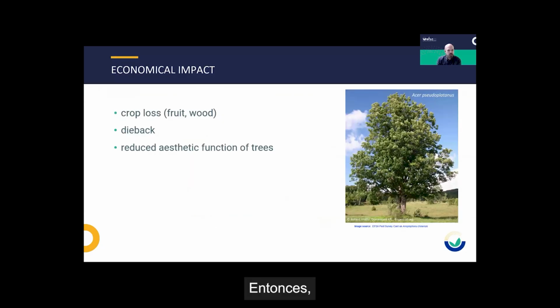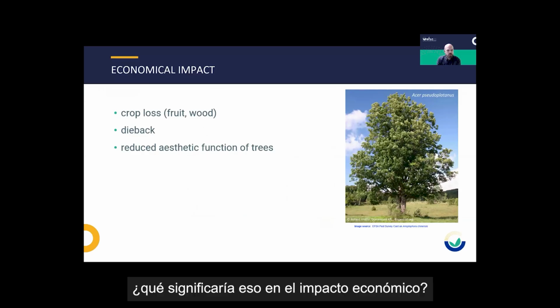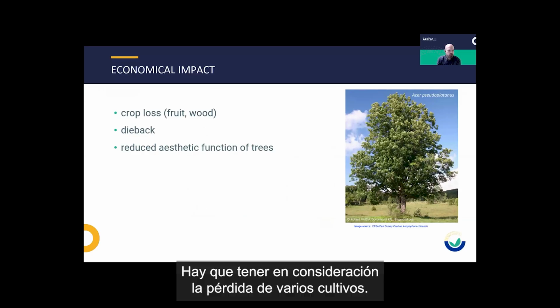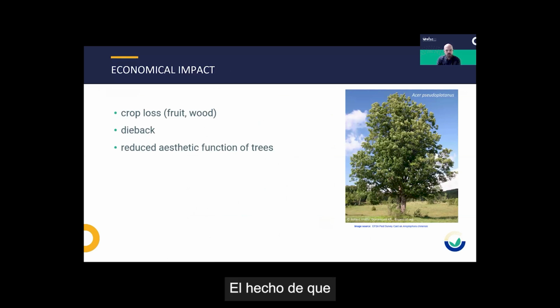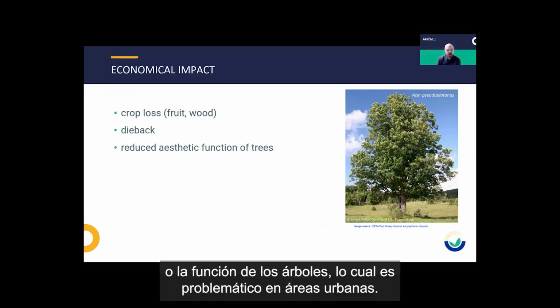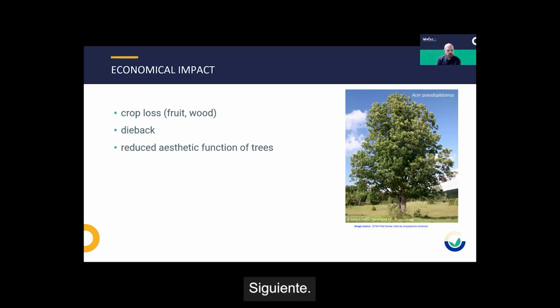What would that mean regarding economic impact? We have to look at crop loss. The larvae going into the wood would cause dieback and reduced aesthetic function of trees, which is especially problematic in urban areas.